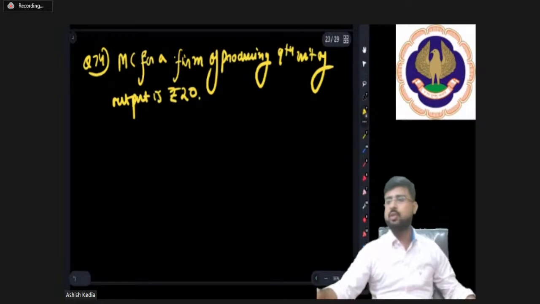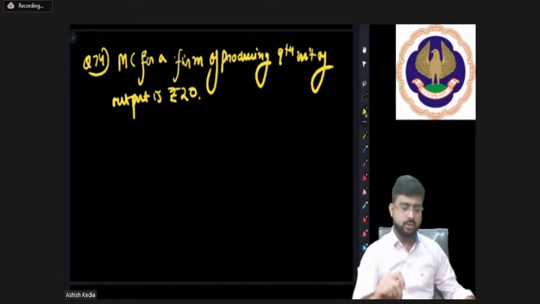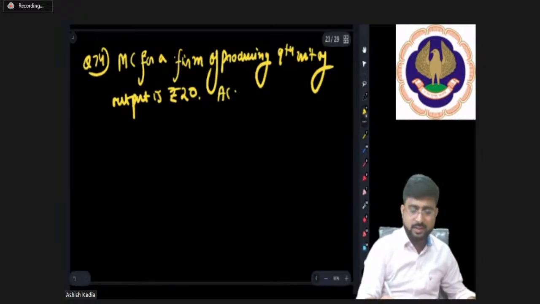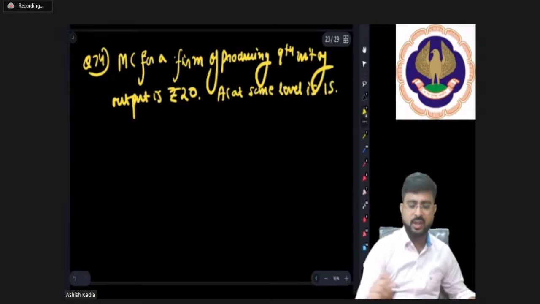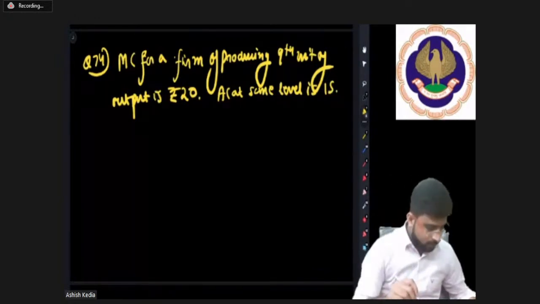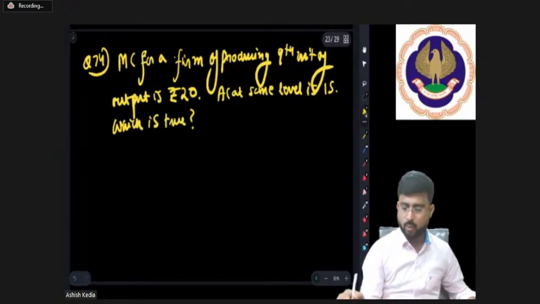So for the 9th unit, marginal cost is 20 as far as the information right now is concerned. Average cost at the same level is 15. Which is true? Some options are being given.